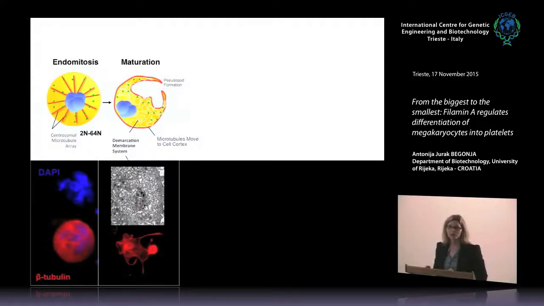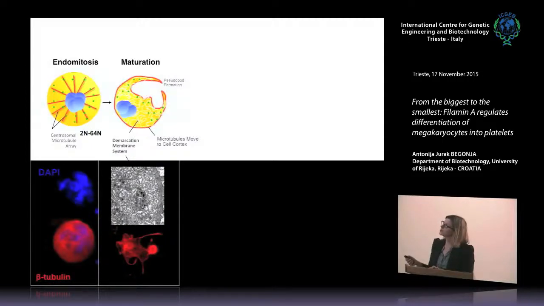Another very important hallmark of megakaryocyte maturation is the formation of the so-called demarcation membrane system that you can appreciate here by electron microscopy. This is a part of the cytoplasm of a megakaryocyte. You can see the megakaryocyte is like a Swiss cheese. These are holes, and these are all membranes inside, which represent reservoirs for the platelets that will be formed.